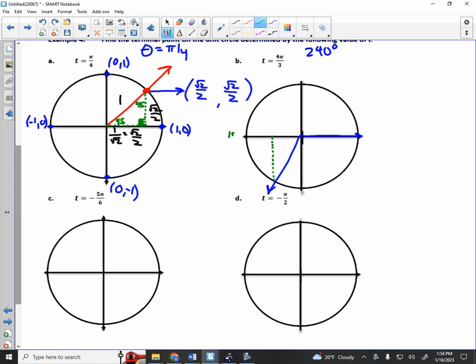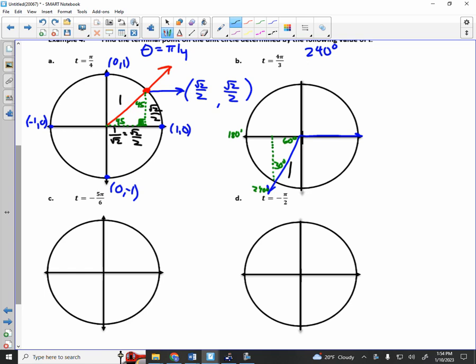If this is 180 degrees and this is 240 degrees, what is the angle that is right here? 60 is the reference angle. What kind of special right triangle does it produce? A 30, 60, 90. The radius of the unit circle is always 1.